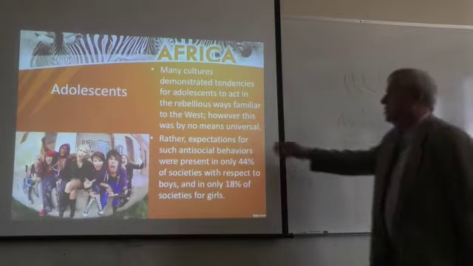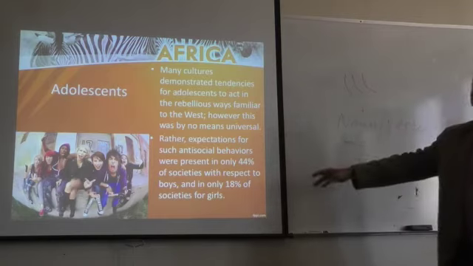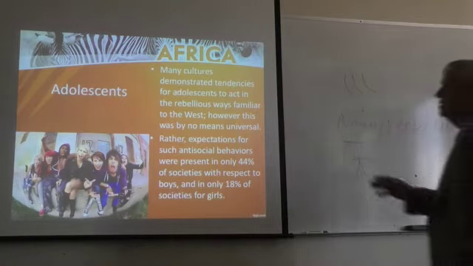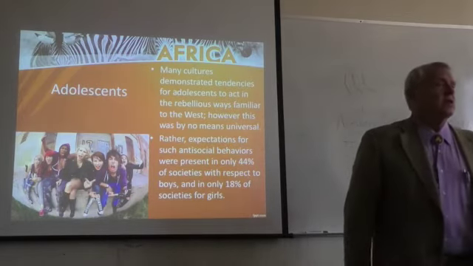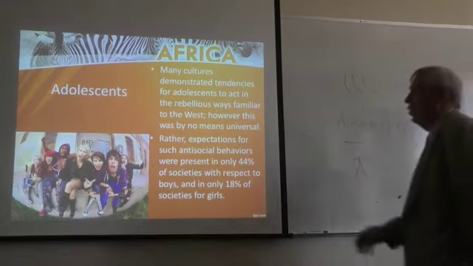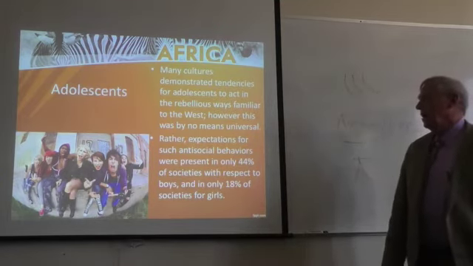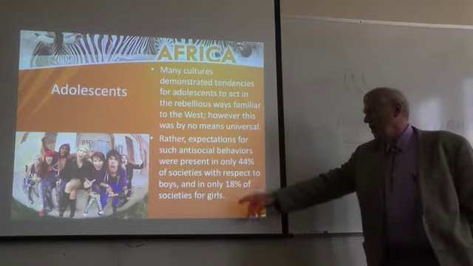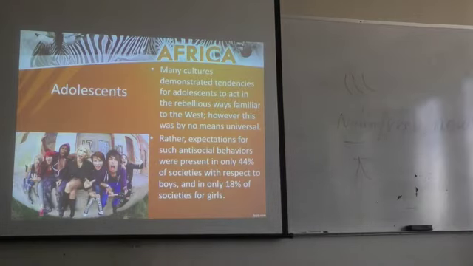Rather, expectations for such antisocial behaviors were present in only 44% of societies. They looked at all these societies and discovered that this whole concept of rebelliousness and antisocial behavior only took place in about 44% of the societies. With respect to boys, 44% as far as males are concerned, only 18% as far as girls are concerned. Girls are far more controlled than boys are in almost every society.